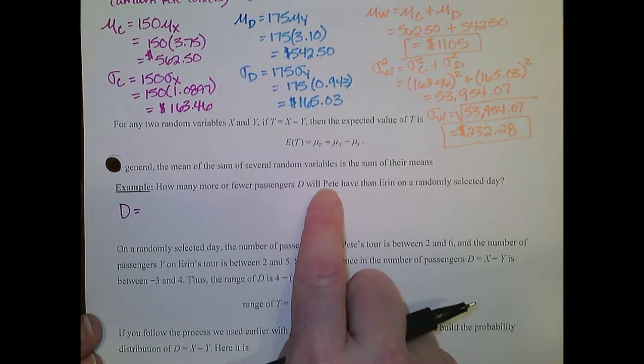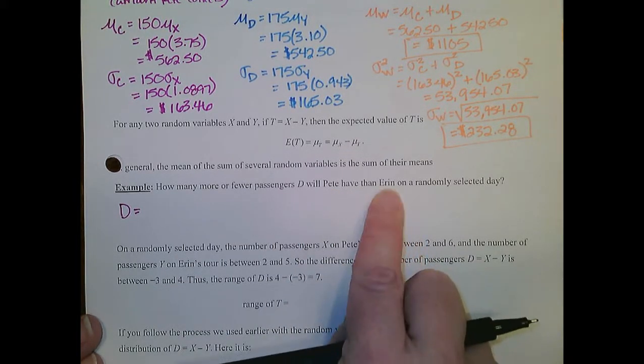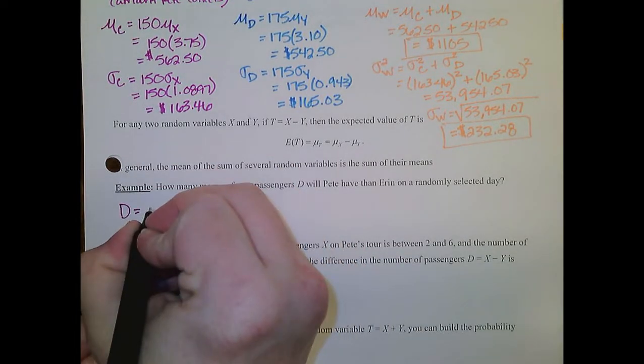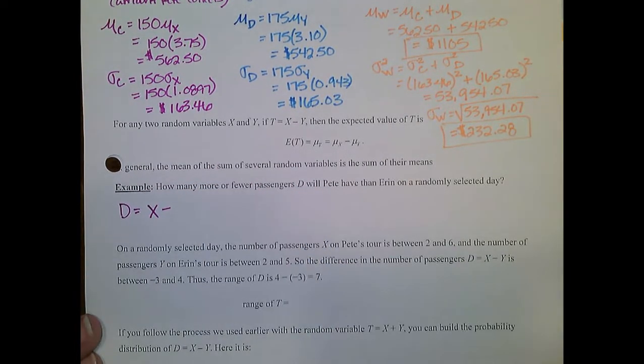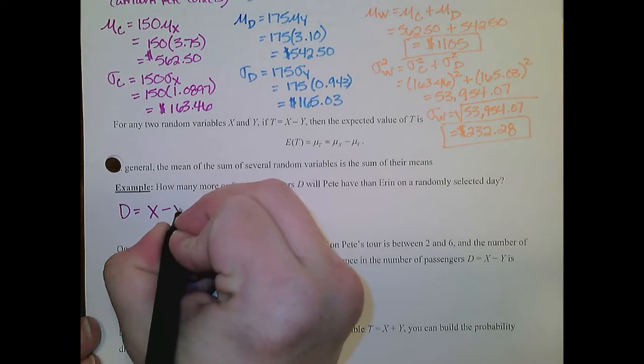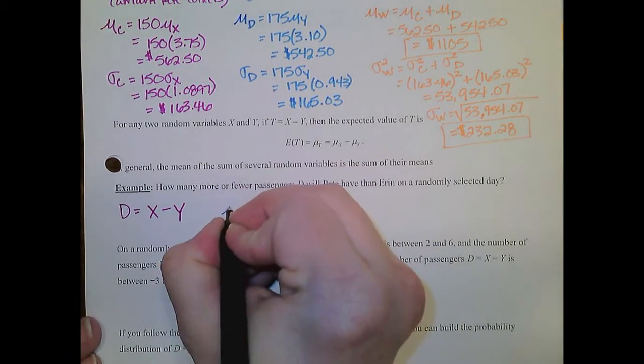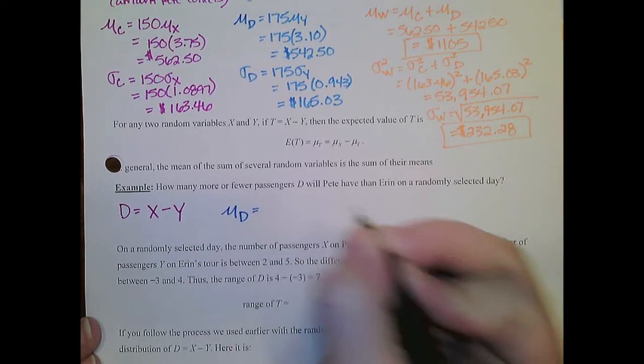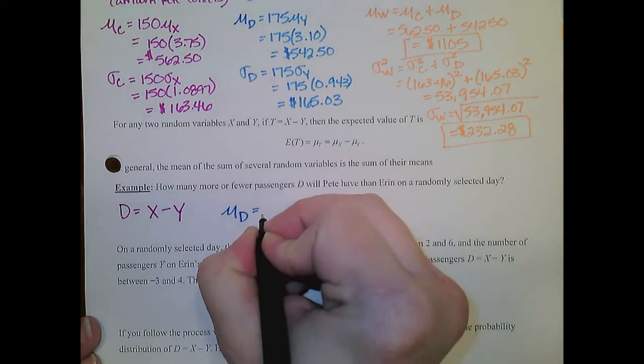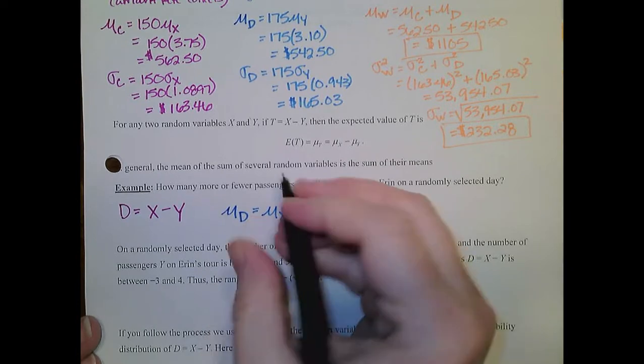So we're taking the amount of passengers Pete has, which is X, and subtracting the amount of passengers that Aaron has, which would be Y. And so the mean or the expected value of that difference, D, would be the difference of the means. So the mean of X minus the mean of Y.